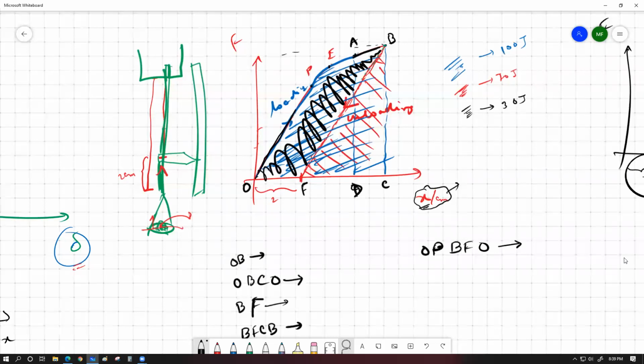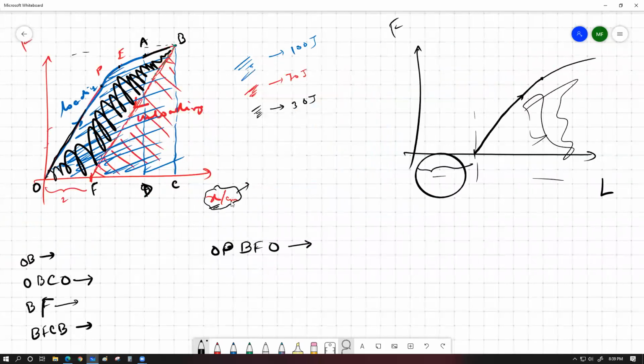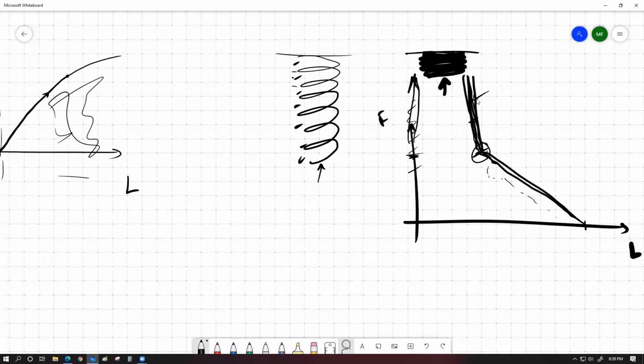Whenever you are deforming a simple piece of material, initially you're going to have pretty much a straight line, but pretty soon this straight line is going to start to curve. There will be a significant portion, at the right from the point of change of direction, of this length that is going to be a straight line.